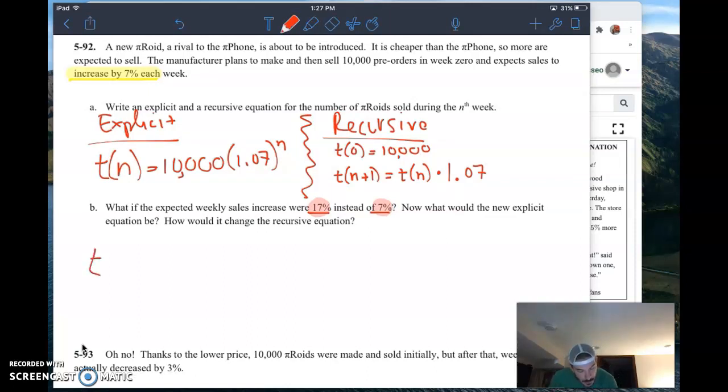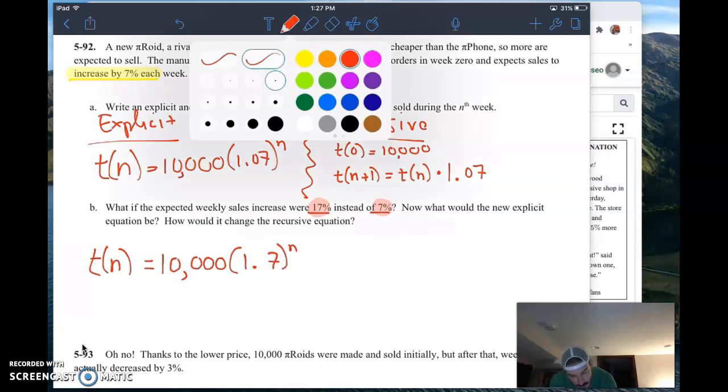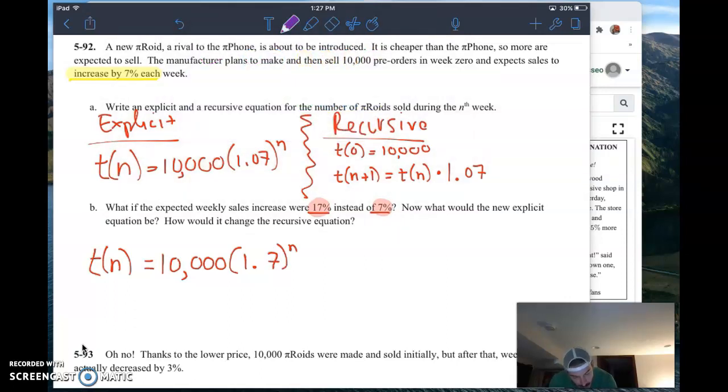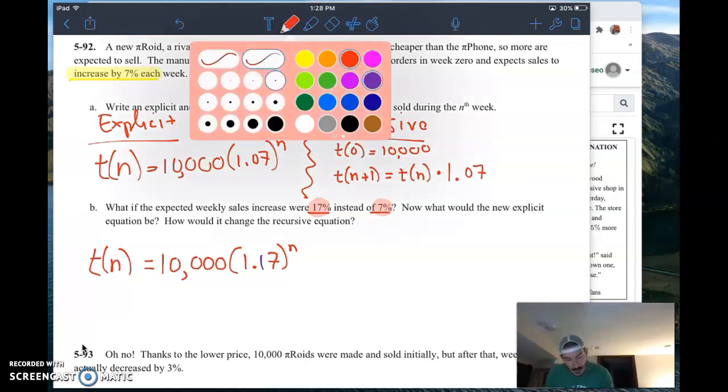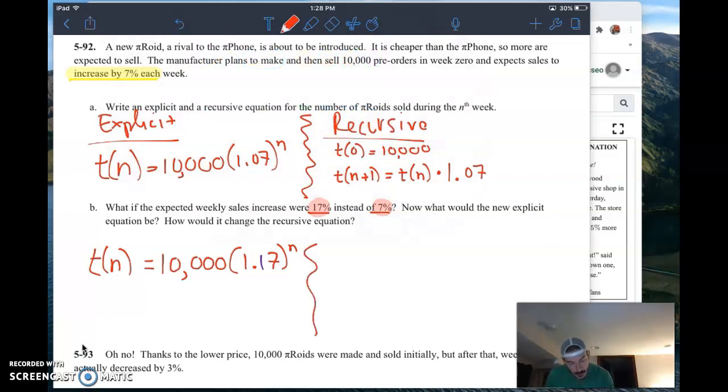Well, the explicit rule would change oh so slightly. Let me see if I can call this out, and I'm going to try to make it stand out here. Let's use a different color. That's going to be my 17%. And then, how does the recursive rule change?